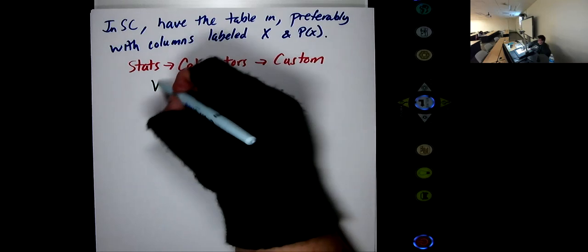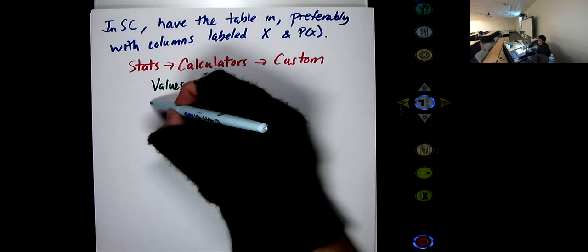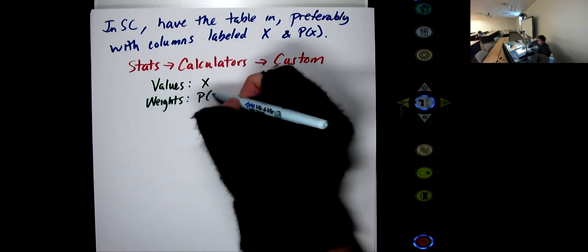When it asks you for values, you tell it where X is. And when it asks you where the weights are, you tell it P of X.